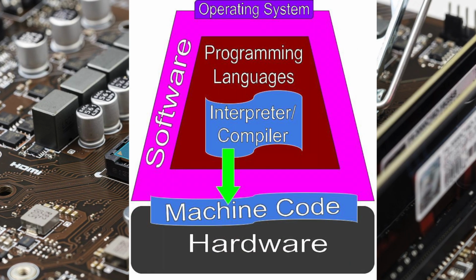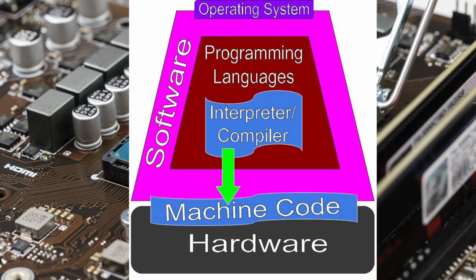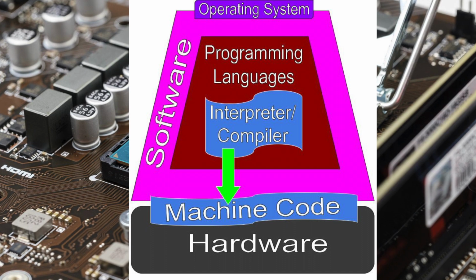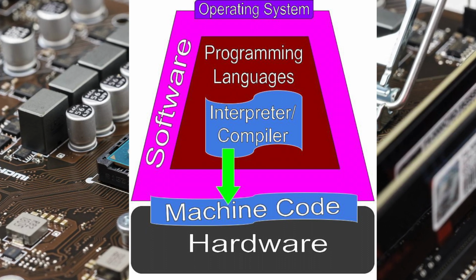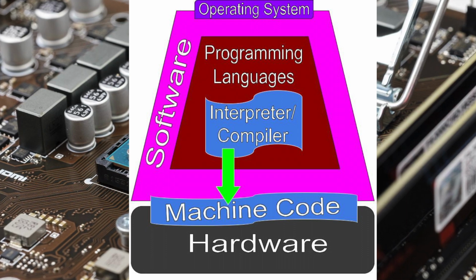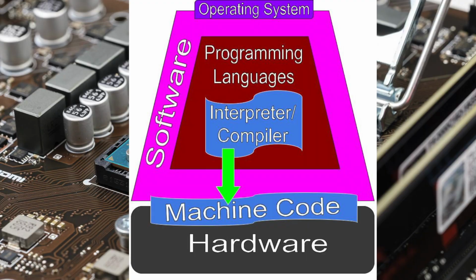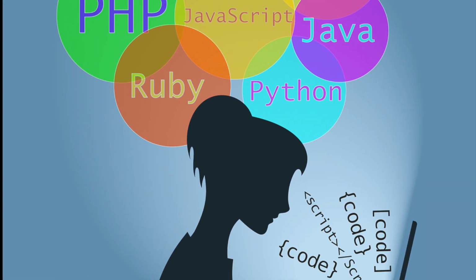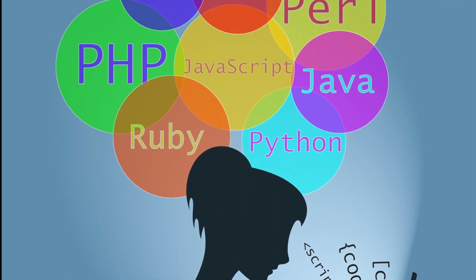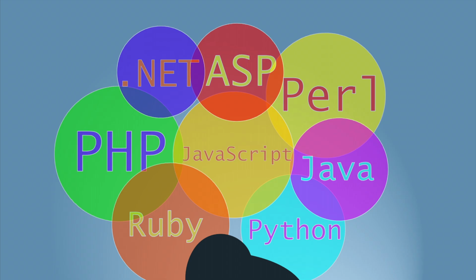Most programming languages include a program called a compiler or an interpreter which performs these translation steps. Depending on the language you choose, your code is either interpreted or compiled into machine code. Just to give a few examples, JavaScript and Python are interpreted languages, while Java is a compiled language.